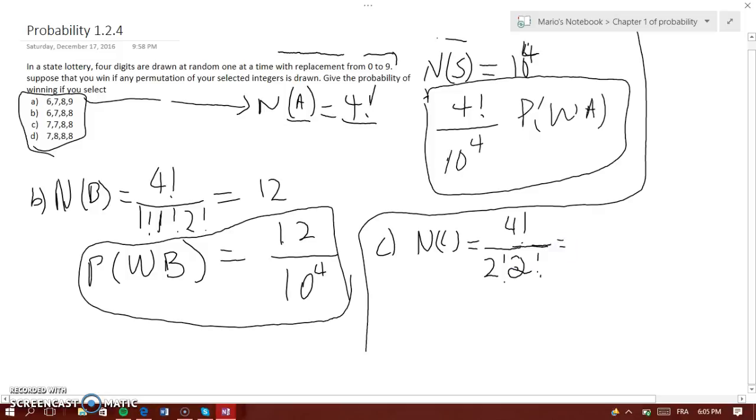And that number would equal 6. So the probability of winning for C is equal to 6 over 10 to the power of 4.